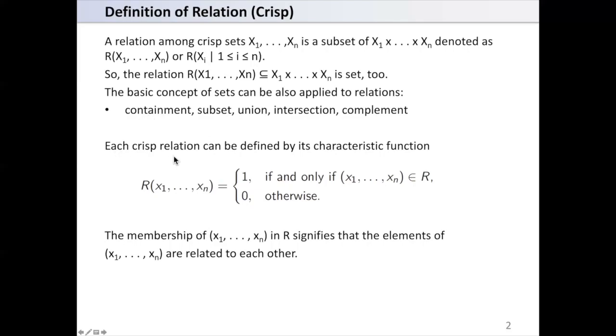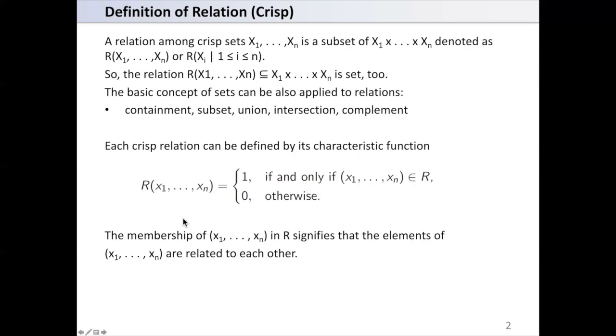Each crisp relation can be identified by its characteristic function. So a relation on X1 up to Xn has value 1 if the point (x1, ..., xn) is an element of the relation, and otherwise, if it is not an element of the relation, the value of the relation is 0.